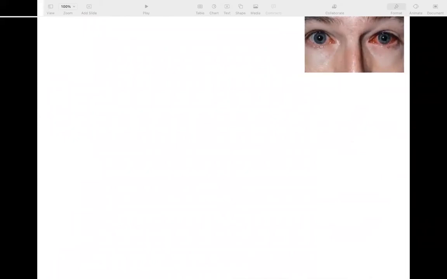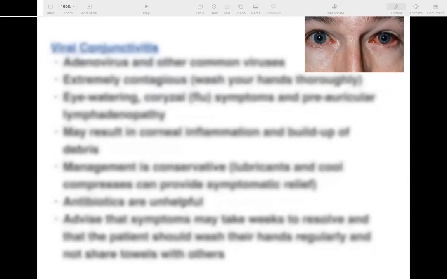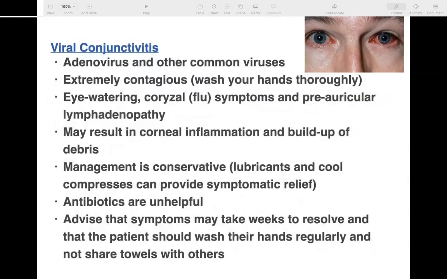Let's go to one of the common causes of infective conjunctivitis, which is viral conjunctivitis. Especially the common presentation after having a cold or influenza, you may find that the eye is angry, injected, and watery.